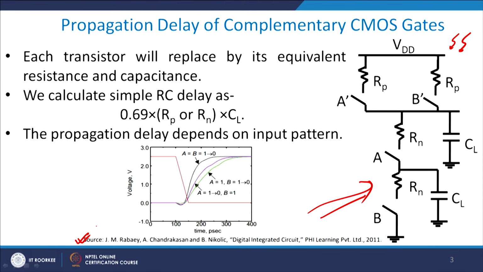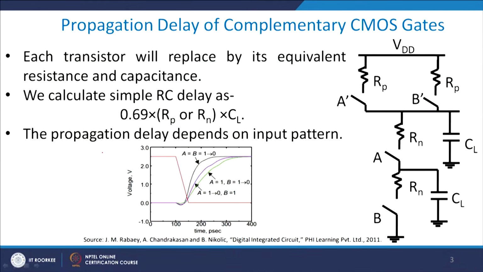In this case, if you look, each transistor we are replacing by its equivalent resistance and capacitance, right. The CL which you see is basically the load capacitance by virtue of transistor at A, and this CL is again due to the second one, which is the lower one. I am assuming that these load capacitances are almost equal in both the cases.